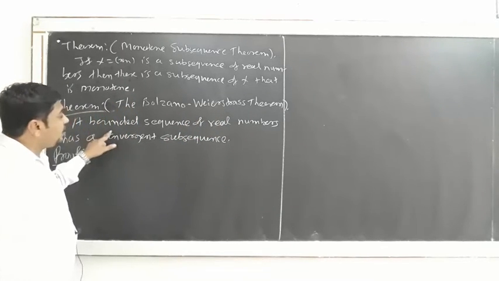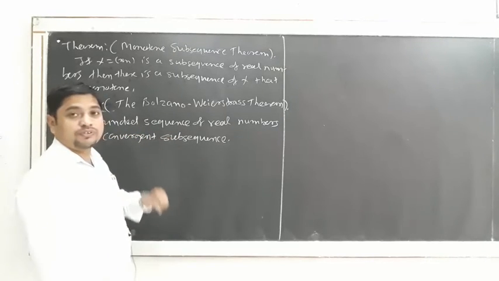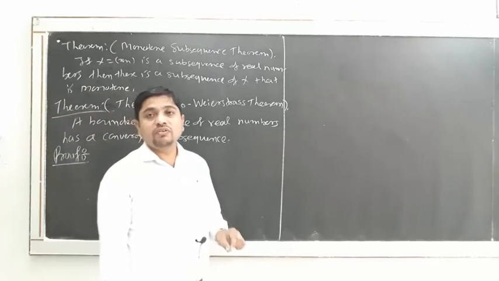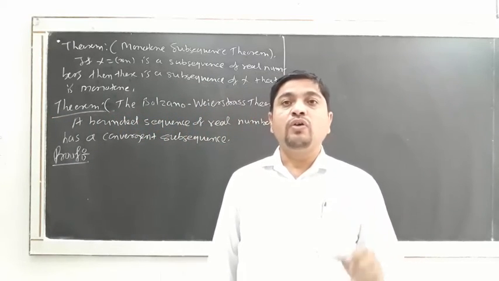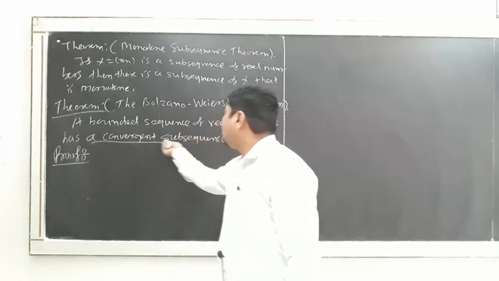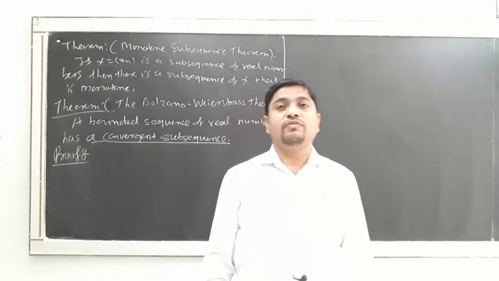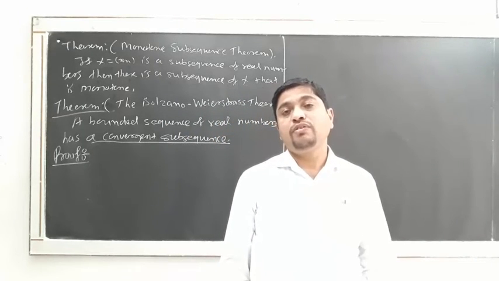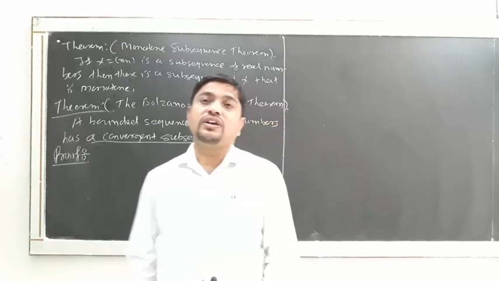That is, a bounded sequence of real numbers has a convergent subsequence. If there is a sequence of real numbers which is bounded, then it must have a convergent subsequence.